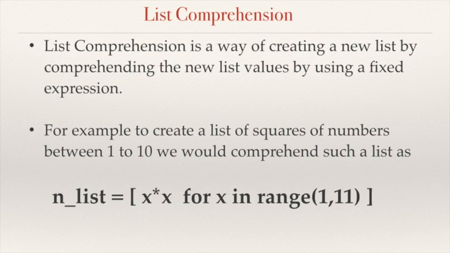List comprehension. List comprehension is an important tool which empowers programmers to shorten Python code to generate lists containing values based on a particular expression. Here is one example on your screen where list comprehension is used to create a list of squares of values between natural numbers 1 to 10.